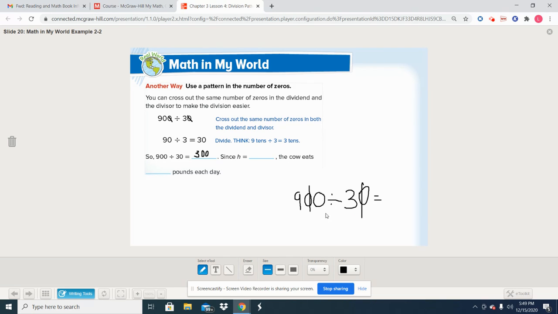So you have 90. We have no more zeros in the divisor, so we cannot cross out any more zeros. So you have 90 divided by 3.